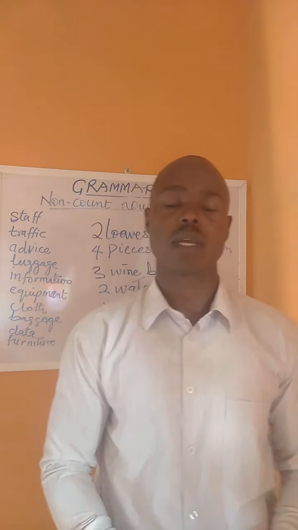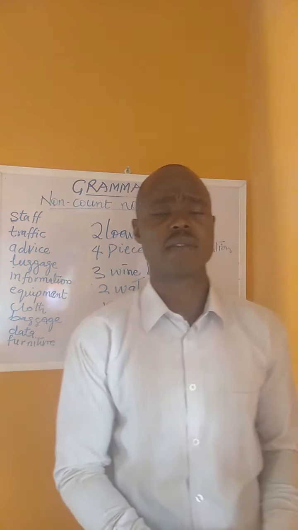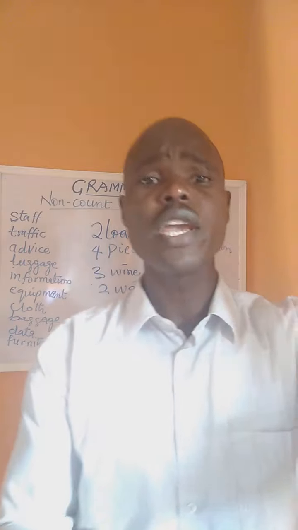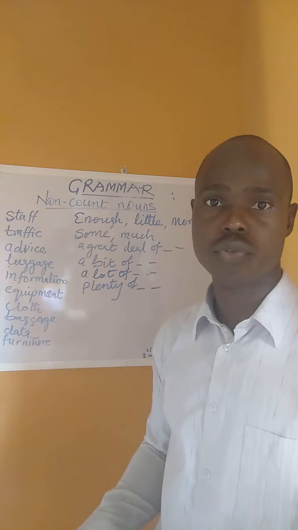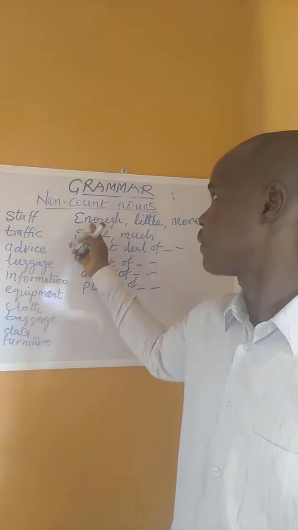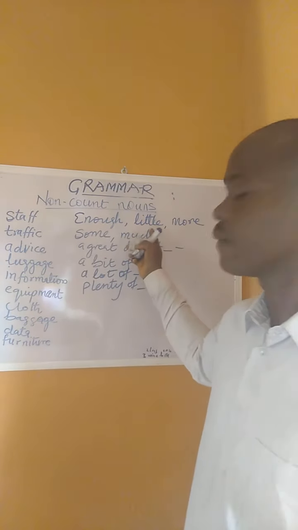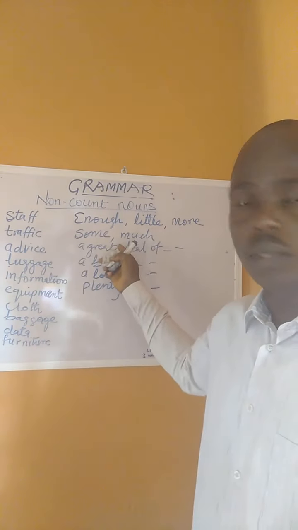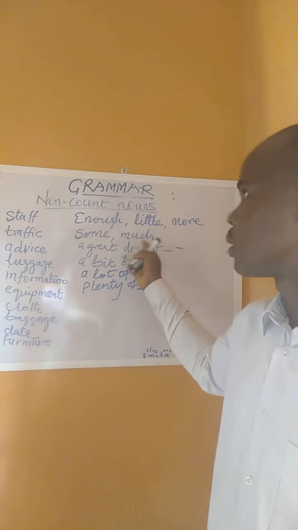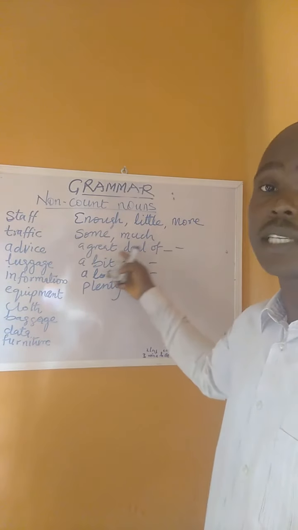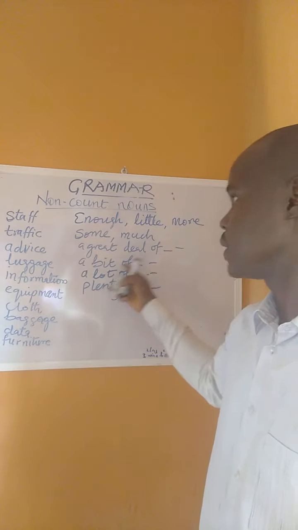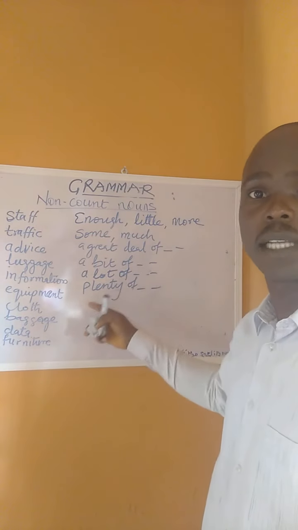So what kind of determiners can we use? We have such examples as follows: enough, little or a little, more, some, much, a great deal of, a bit of, a lot of, plenty of.